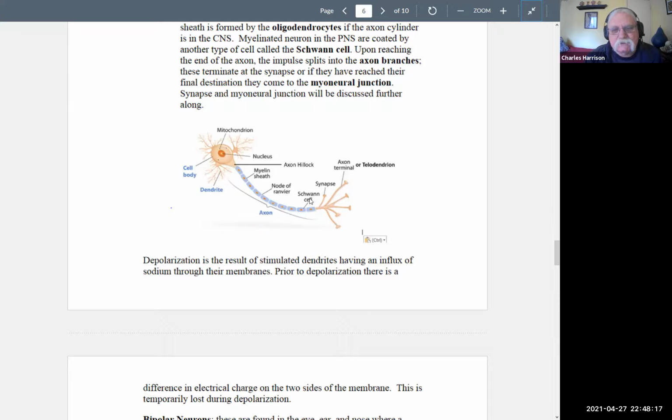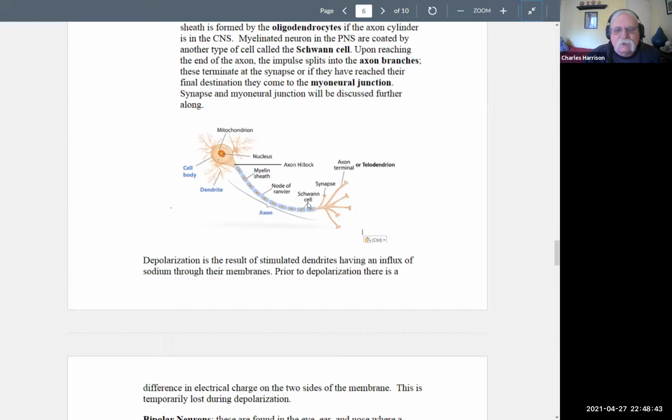Now the term Schwann cell. The oligodendrocyte wraps around the axon as it did in the previous diagram. The Schwann cell is also capable of wrapping around and forming a myelin sheath. In this diagram, they purposely put a Schwann cell in so that you realize both of them do that.